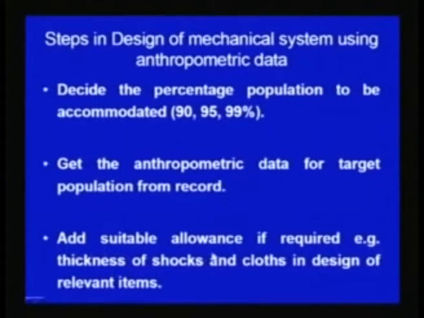If required, suitable allowances are also considered in designing the mechanical systems, say like the thickness of the socks in design of the shoes, or clothes thickness in designing of the relevant items.